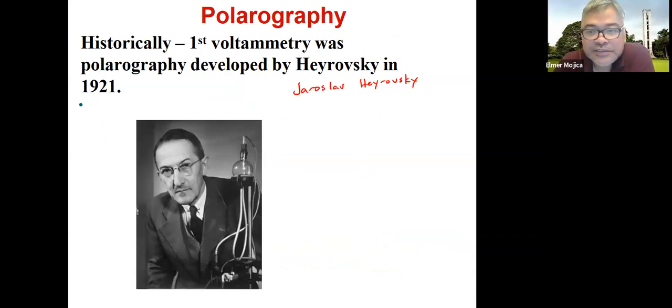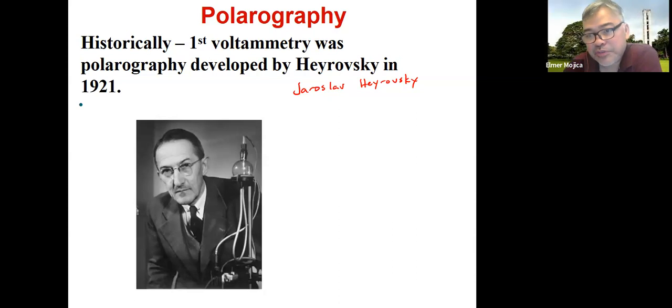He is a Czechoslovakian, or a Czech, who got the Nobel Prize, if I'm not mistaken, in 1959 for his work in polarography. So historically, the field of voltammetry started from polarography, a particular type of voltammetry that was invented by Heyrovsky.